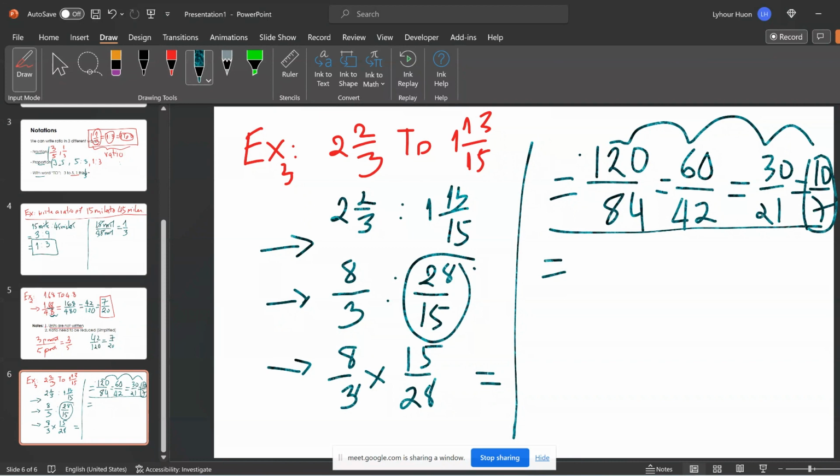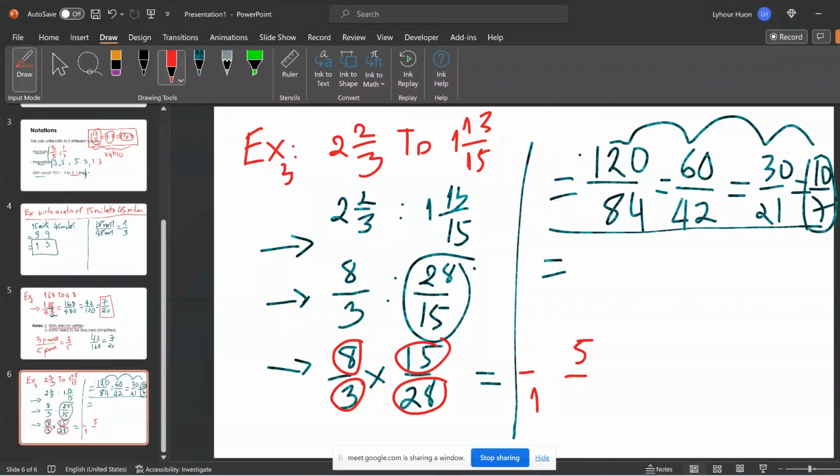So 3 and 15, can we simplify them? Yes, we divide that by 3, equals 1 and 5.